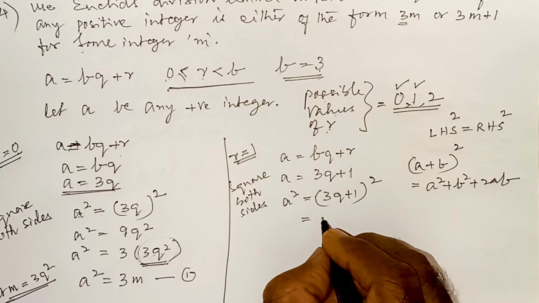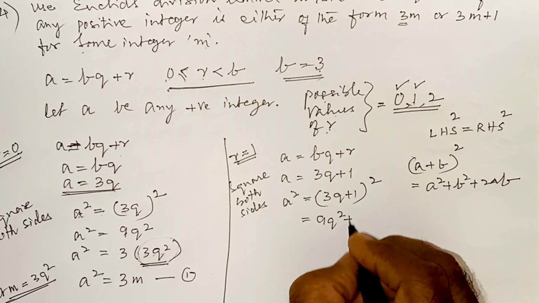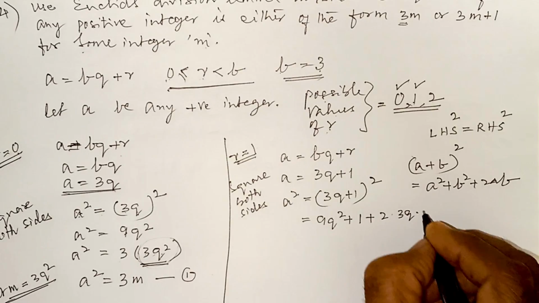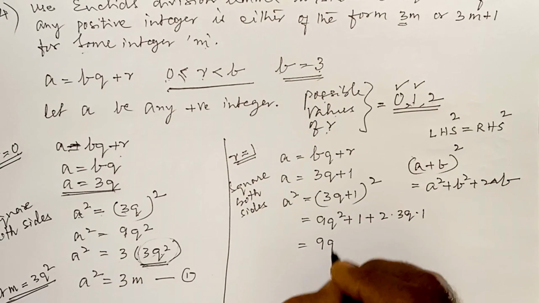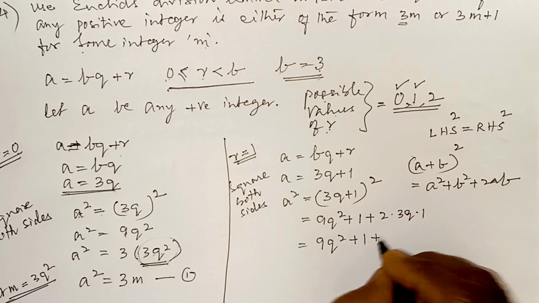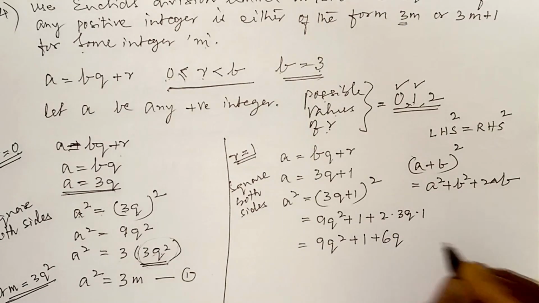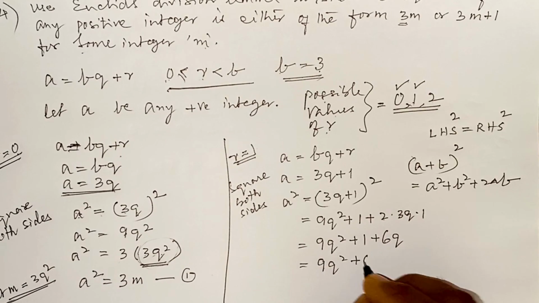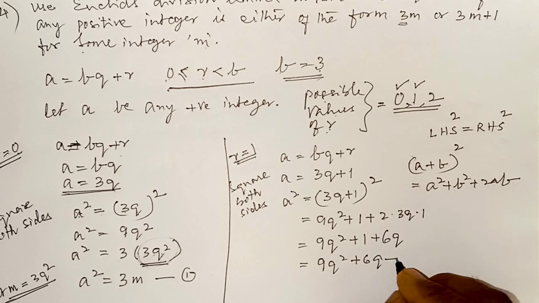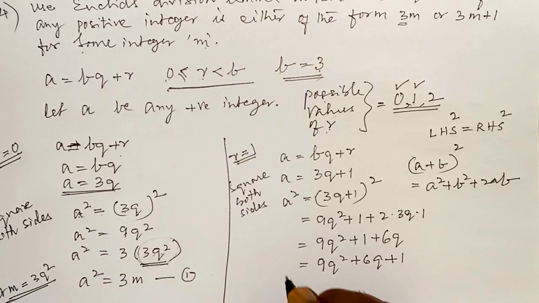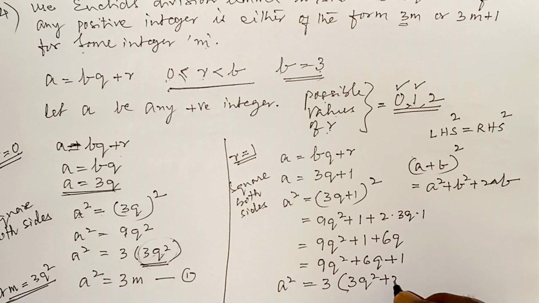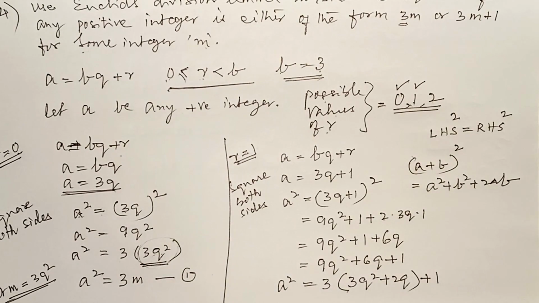This becomes 9q square plus 1 square, which is 1, plus 2 into 3q into 1, which is 9q square plus 1 plus 6q. Now put 9q square and 6q together plus 1 at the last. Now a square is equal to, take 3 out, 3(3q square plus 2q) plus 1.